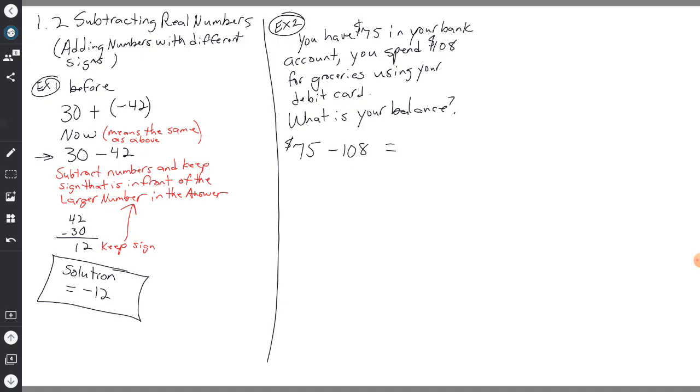And again, that gives us what? Negative 33. Right. So again, if we look at it in terms of writing it out, we will have the 108 minus the 75. And that will give us the 33. But we have to keep the sign that's in front of the larger number.